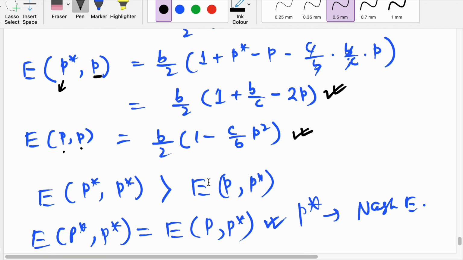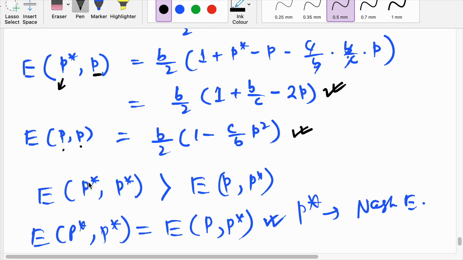Now to satisfy the Nash condition or the ESS first condition, we require that if resident population individuals play against resident population individuals, how much they get on average, this term, p star against p star, should be greater than what a mutant will get if she interacts with the resident individuals. So it is this term. If it is greater, then we will say that this strategy is an ESS.